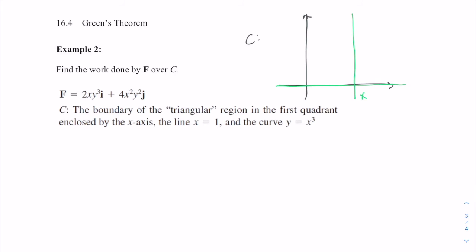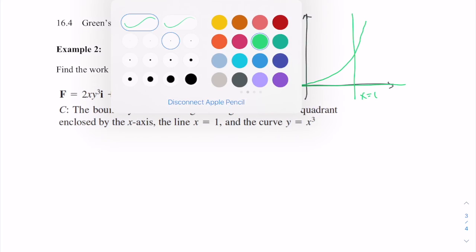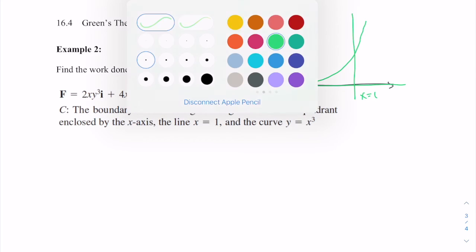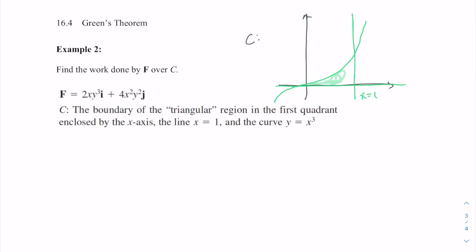Here's x equals 1, and the curve y equals x cubed, which I'll draw a little bit over here. Kind of looks like that, and then it comes up like that. Okay, cool. Oh, I see why triangular's in quotes now, because it's not exactly a triangular region, but it's triangular-esque in this shape.